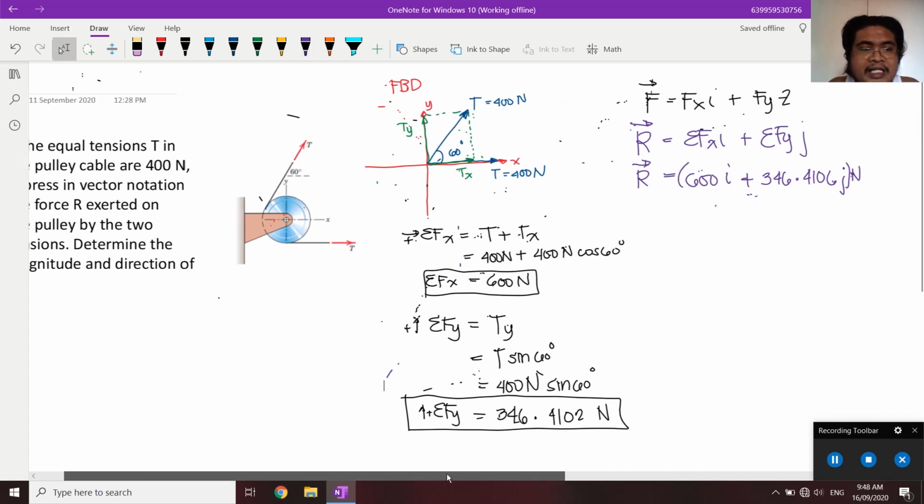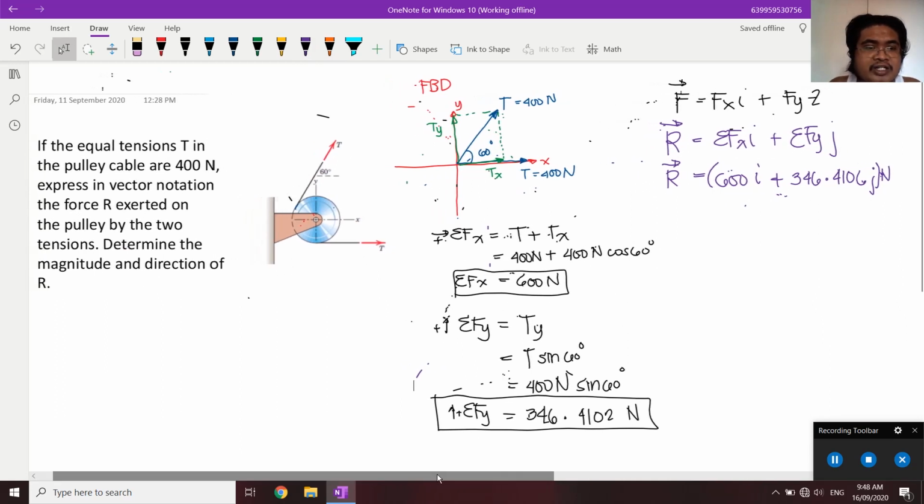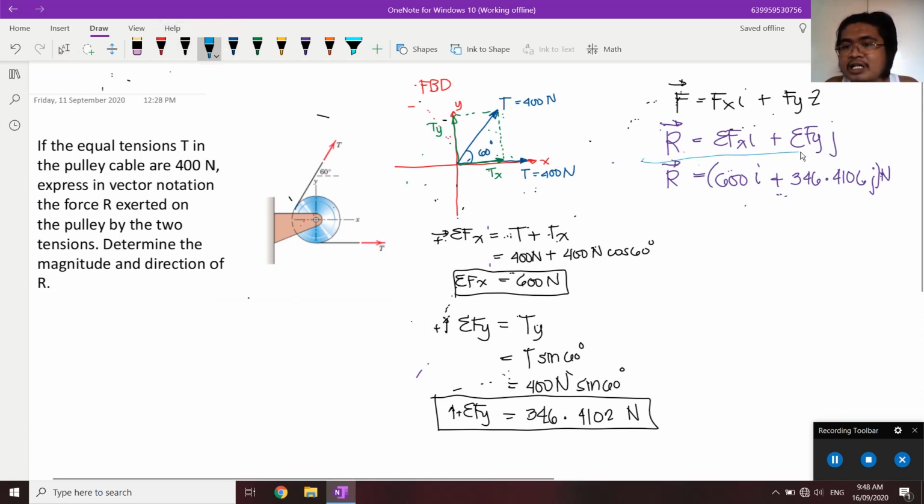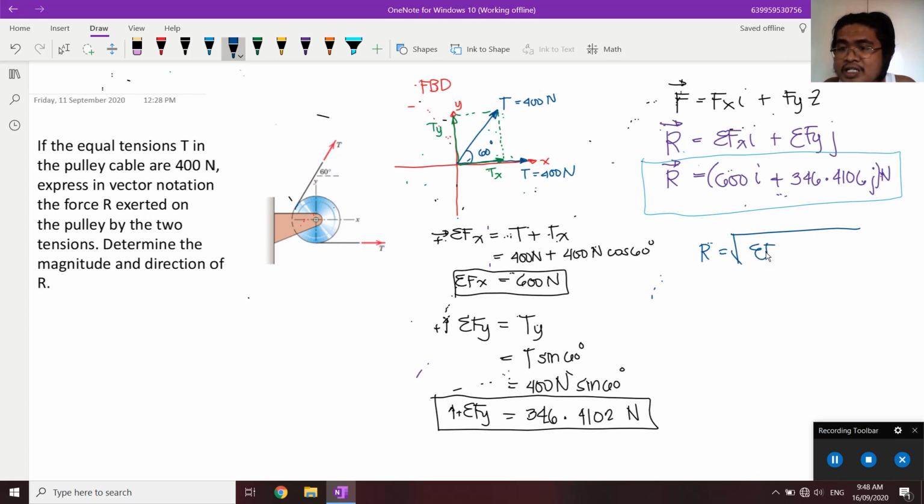So we have the answer for the vector notation, or vector form. This is our answer. But we are asked to solve for the magnitude. Solving for the magnitude is the same as in our former lecture. The magnitude of R is equal to the square root of the summation of forces x squared plus the summation of forces y squared.